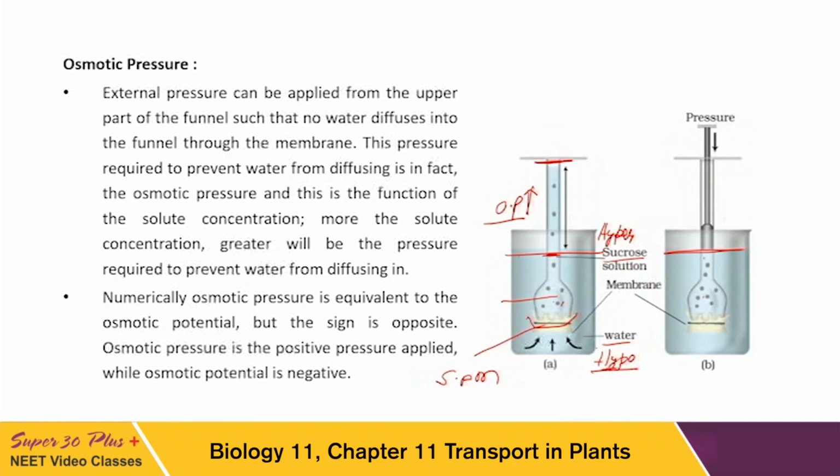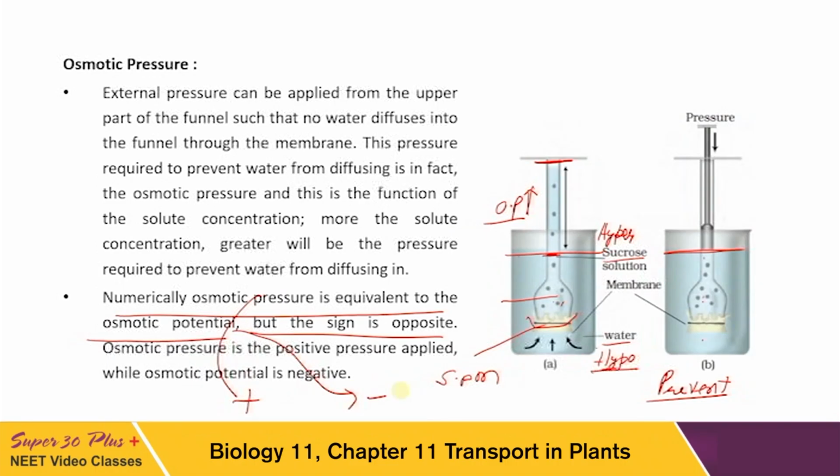How can you define this osmotic pressure? It is the pressure exerted from outside which will prevent the inward flow of water molecules when a hypertonic solution is separated from either a dilute solution or its pure solvent. Is it clear? Numerically, osmotic pressure is equivalent to osmotic potential, but the sign is opposite. Osmotic pressure has a plus sign and osmotic potential has a negative sign.